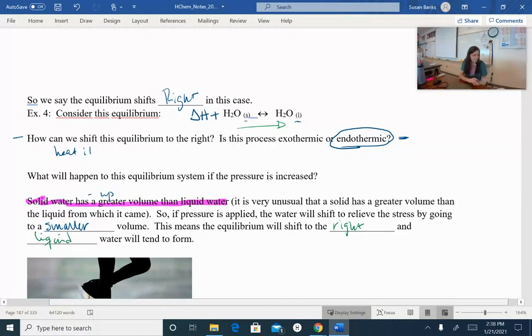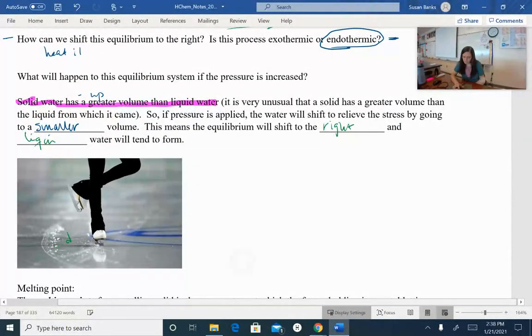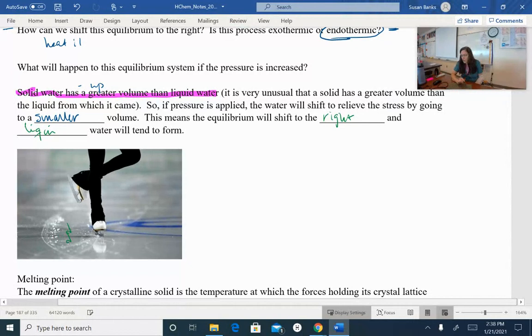Okay, so how many of you guys have ever been ice skating? Okay, when we ice skate, we put a ton of pressure. All our weight is on that tiny little blade there, creating an immense amount of pressure. And because of that pressure, we shift that equilibrium to make liquid water.